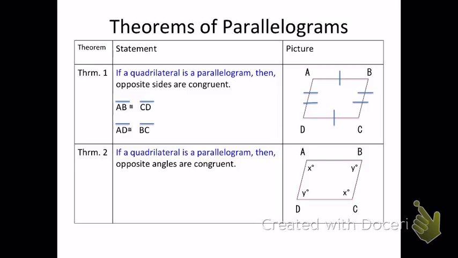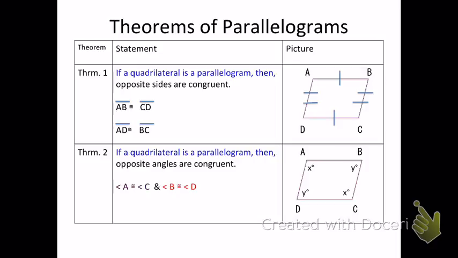You could have one marking here, one marking there. Maybe we'll change colors, and we'll go with a gray, and we'll say that B would have 2 markings, and D would have 2 markings. And then we would say that angle A and angle C are congruent, and angle B and angle D are congruent.